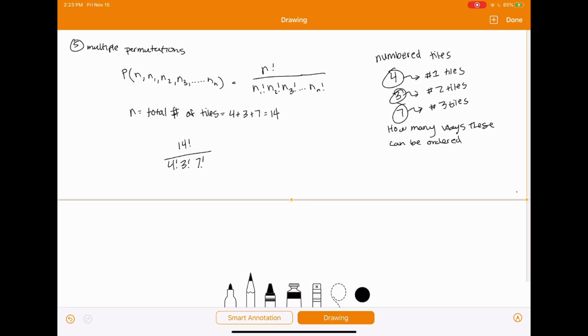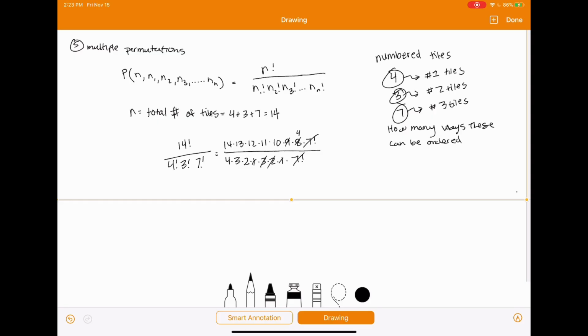All right, so if we expand this, 14 times 13 times 12 times 11 times 10 times 9 times 8 times 7 factorial all over 4 times 3 times 2 times 1 times 3 times 2 times 1 times 7 factorial. We can start canceling stuff out, so the 1's go away. And we can reduce that, bring that to a 4.